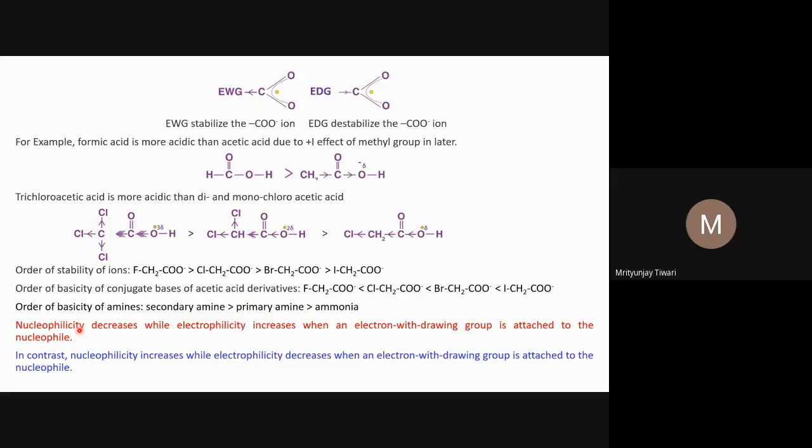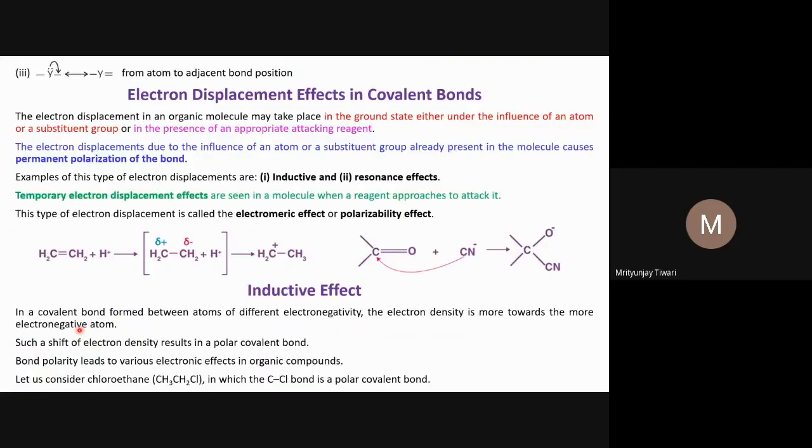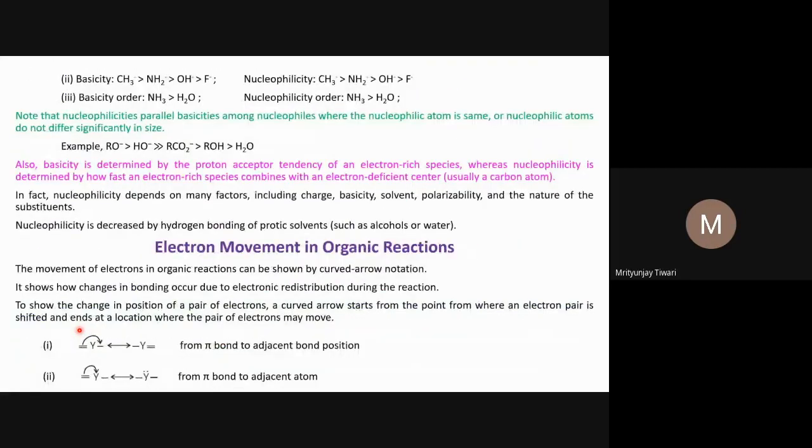Usually if the electron density increases, the nucleophilicity also increases if the nucleophilic atoms are same. And the examples we have seen earlier. If the nucleophilic atoms are same, the more the electron density, the more is the nucleophilicity.